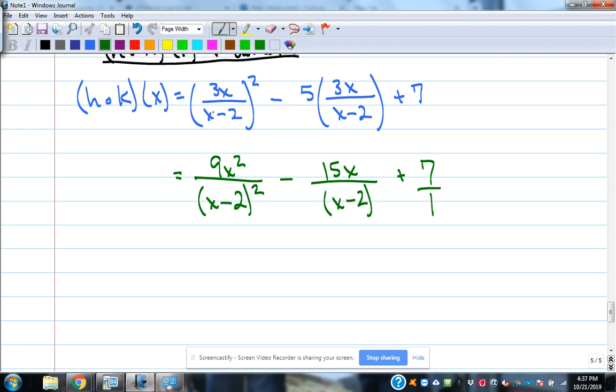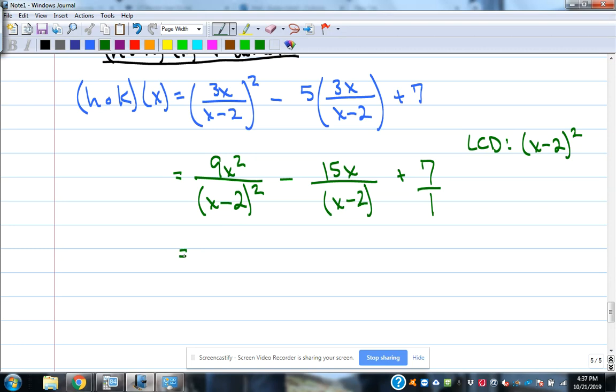I've got addition and subtraction of fractions, so I want to find a least common denominator for those 3 fractions. Notice that the factors here, that's 2 of x minus 2. This is 1 x minus 2. And then this is just a 1. So the common denominator is going to be x minus 2 squared, which works out pretty nice because that means I don't have to do anything to this first fraction at all.